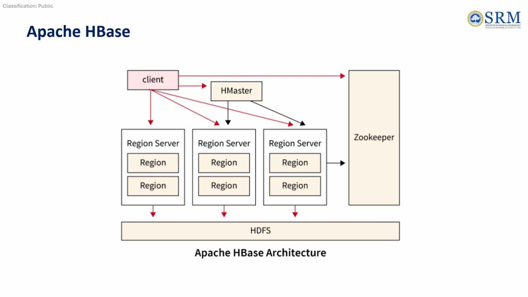In the architecture, the HMaster acts as the master node responsible for managing the entire HBase cluster. It handles region allocation, load balancing, and metadata management. This is similar to a hospital administrator who manages all departments and coordinates the entire hospital operations.